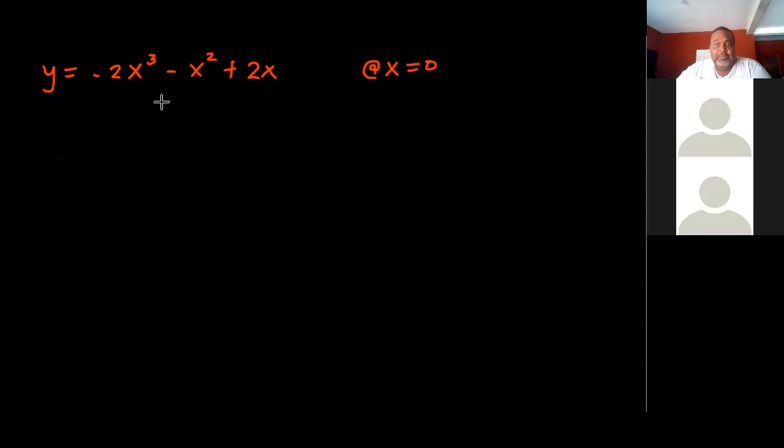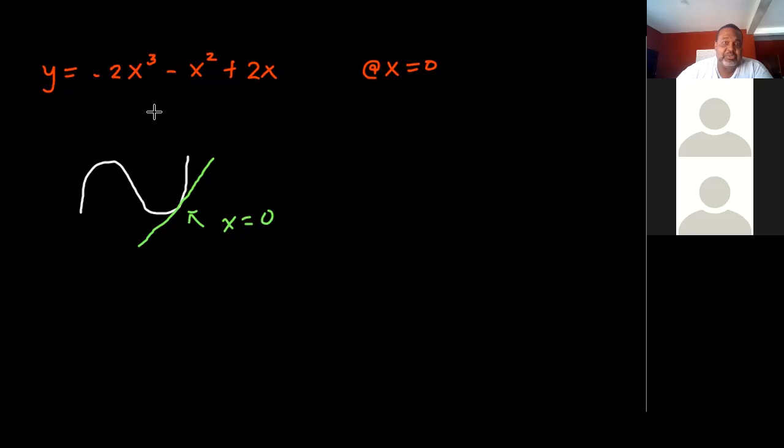In this problem, what you're being asked to do is find out at what point, and what is the equation of the tangent line that touches this curve when x equals 0. Let's say this curve looks like this. A tangent comes in and touches this curve, and let's say at this point, x is equal to 0.